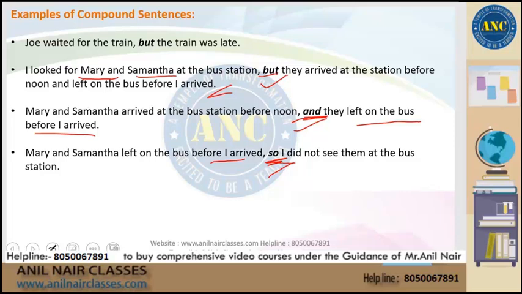Even though they came early to the station, before you came, they left before you arrived. So these three coordinating conjunctions are different, implying a different meaning for each sentence. Hence, according to the sentence, you have to use the appropriate coordinating conjunction for proper usage.